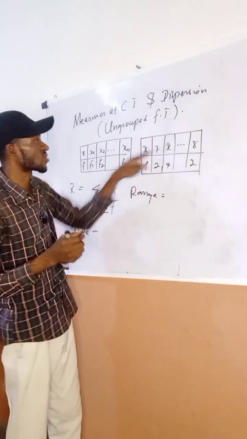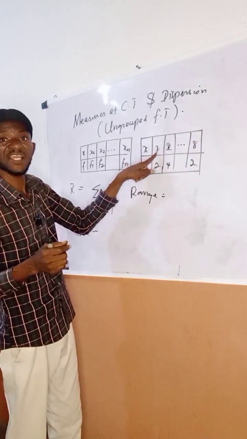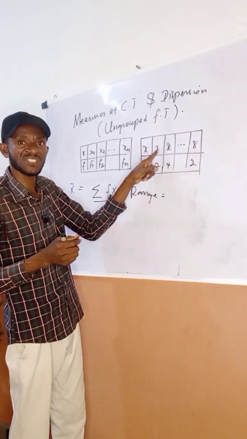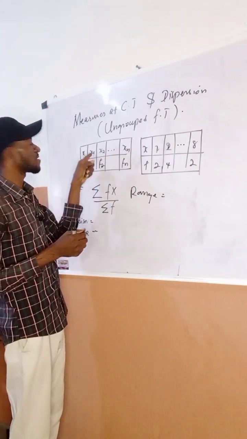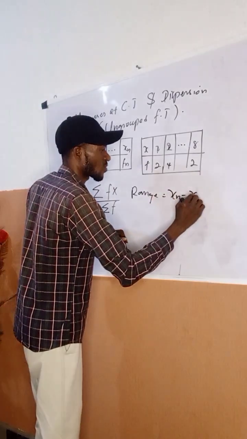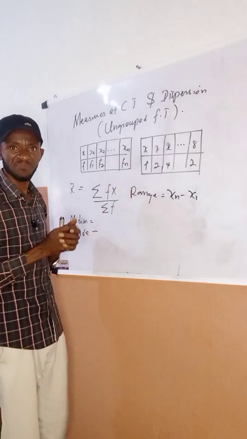So here, 8 is the highest observation and 1 is the lowest, so you quickly say 8 minus 1, which is 7. In this notation, the range is xn minus x1.